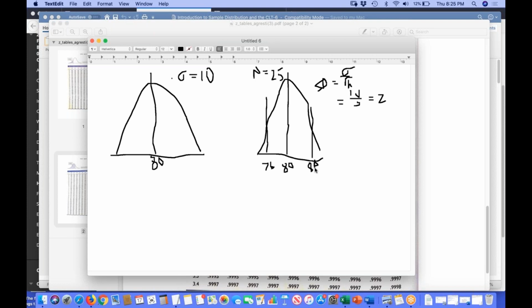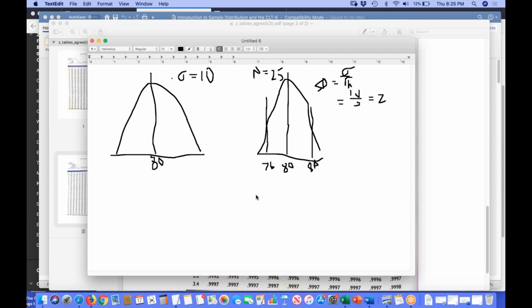Makes sense? Why do I say that? Because it's still normally distributed. The sample distribution is normally distributed. So between those two numbers is 95% because there are two standard deviations below the mean and two standard deviations above for all of the numbers which are the sample means, repeated sample means.